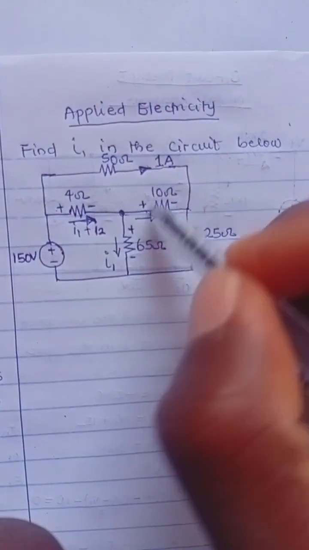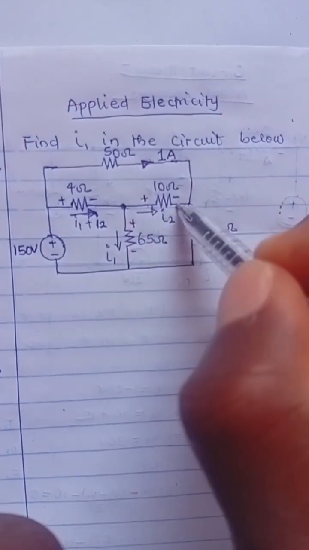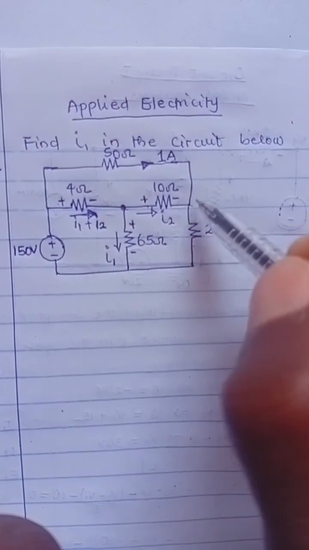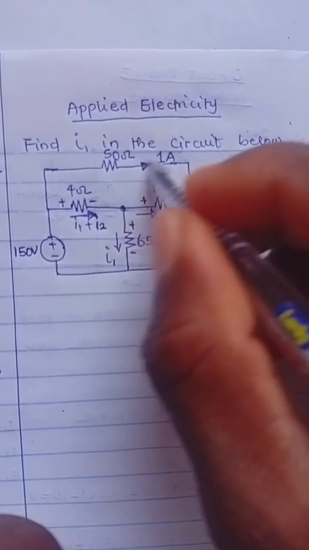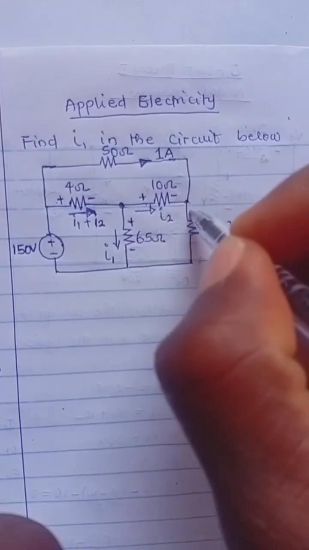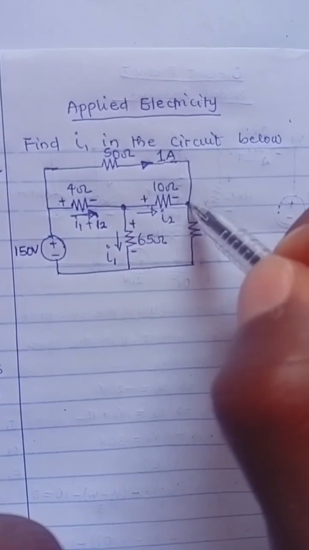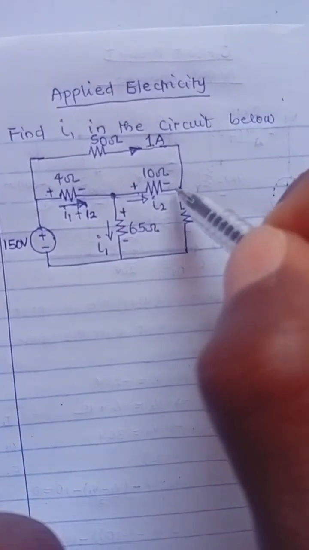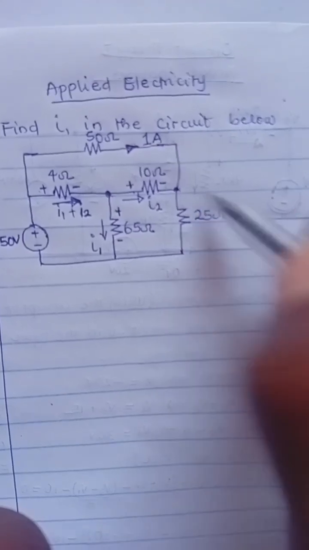So remember, you have a 1 ampere current coming down, and then an I2 current passing through the 10 ohm resistor. Both of them meet here and then flow through the 25. Just like a river flowing like this and another one. The sum of the currents of those two rivers is what will flow through the next resistor, this very load.